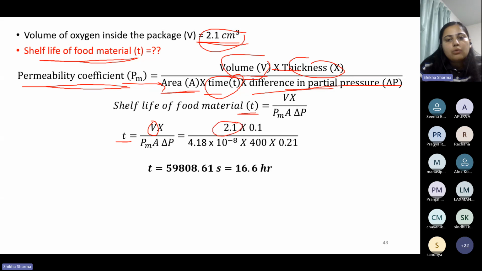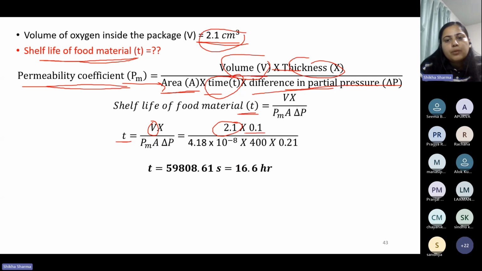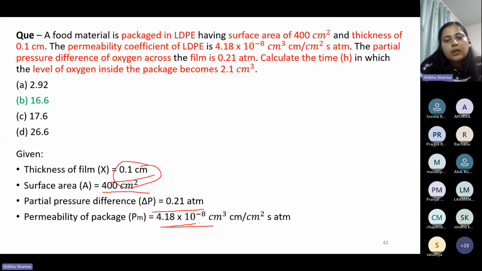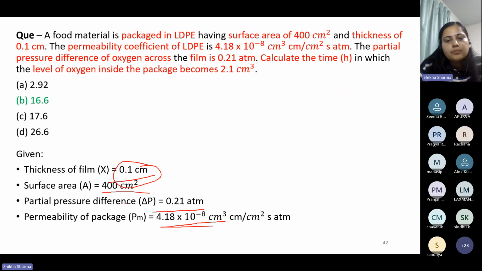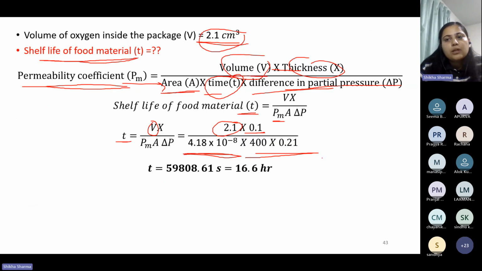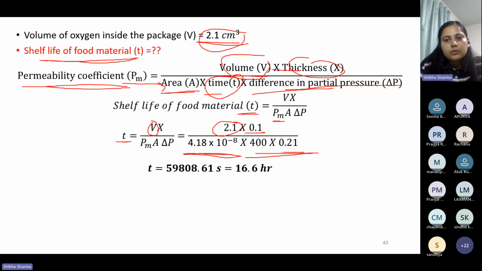So we put 2.1 centimeter cube into the thickness of the film material, which is 0.1, divided by the permeability coefficient, which is 4.18 into 10 to the power minus 8, into area, which is 400, into the pressure difference, which is 0.21 atm.